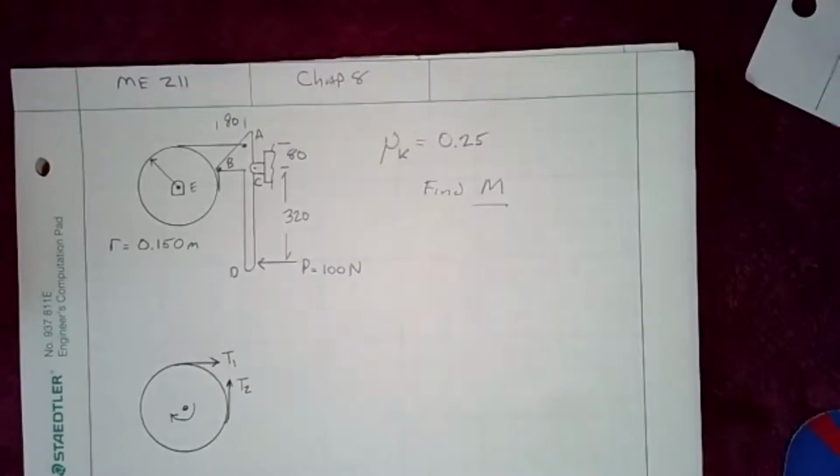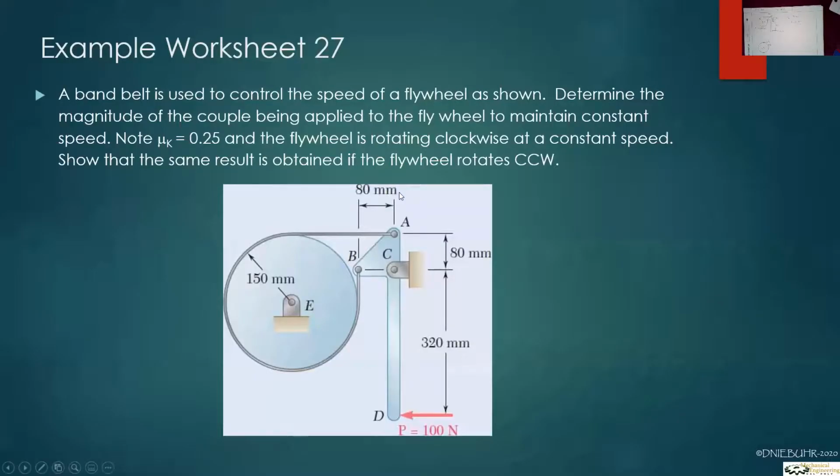Now, one thing on this, let me go back real quick. Don't worry about this last part: to show that the same result is obtained if the flywheel rotates counterclockwise. It's one little step, but it turns out it doesn't matter which way the wheel rotates.